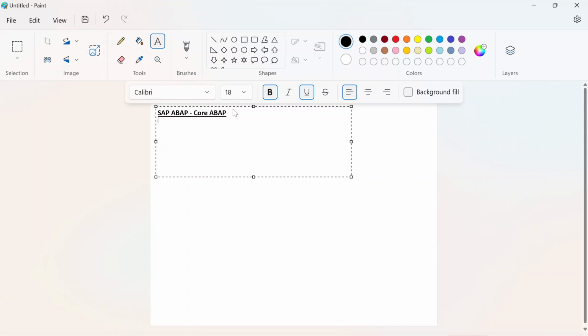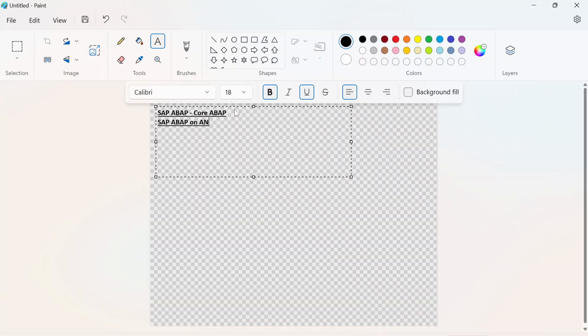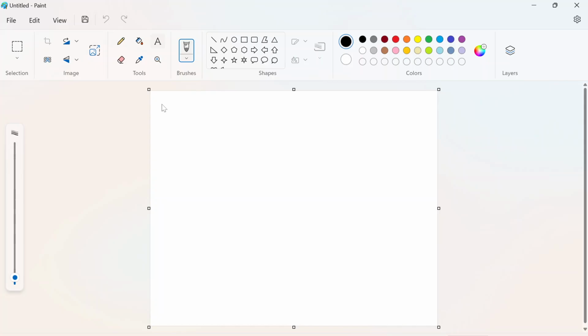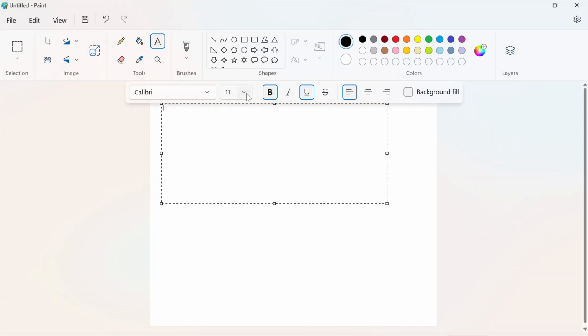Once we complete the Core ABAP, or when we are going along the Core ABAP concepts in between, I'll be covering SAP ABAP on HANA.